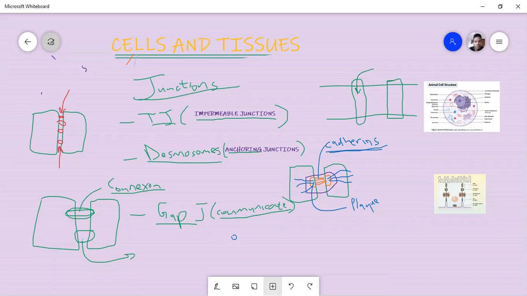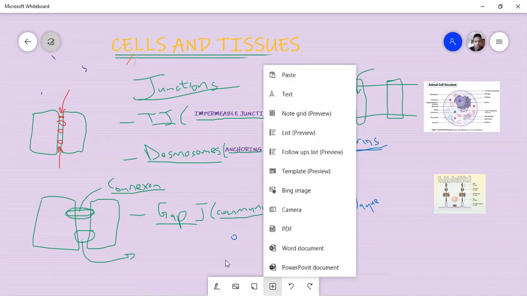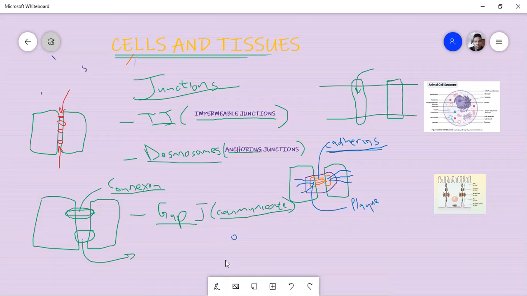And what you have to understand is that in between those gap junctions, we have a tube-like structure, right? Which we call what? A connexon. So I'm saying that your connexon is what? It's your hollow cylinder, which is water filled, which helps one substance to move from one cell to the other. That is all you have to know about gap junctions.